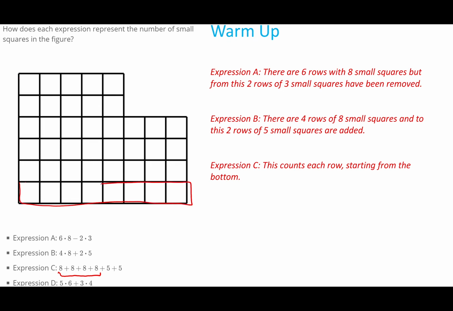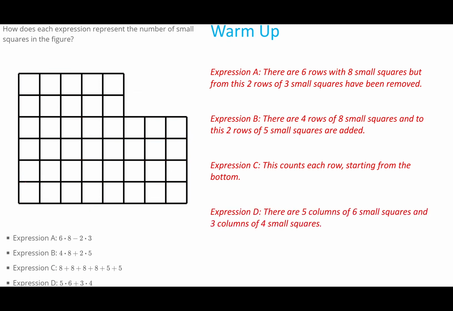So 8 for this row plus 8 plus 8 plus 8. And then after that, we're adding plus 5 for the next row and plus 5 for the very top row. So expression C is counting 1 row at a time, starting from the bottom, so adding up the number of small boxes in each of those rows.